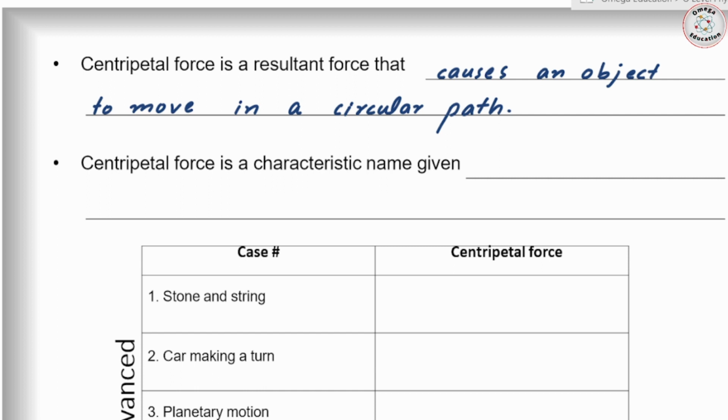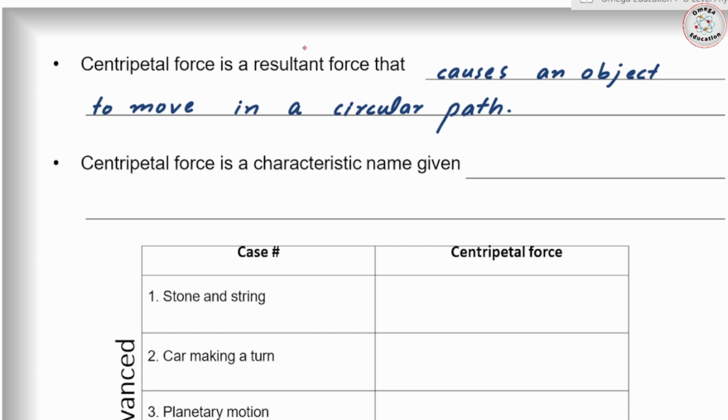Now, this is something that we study in detail in A levels. Over there we find out that centripetal force itself is not a force. It's not that centripetal force is a special kind of force, just like magnetic force or electrostatic force. No. Centripetal force can be any force, and that force can be given the name centripetal force if it is responsible for making an object move in a circular path.